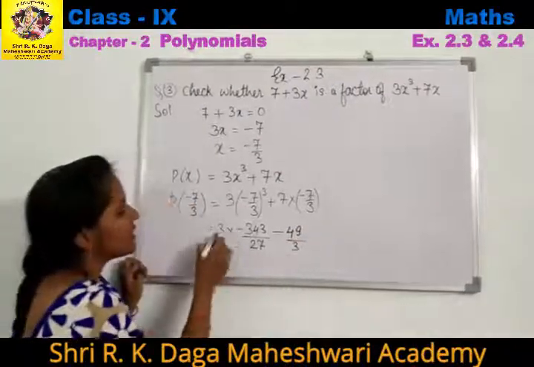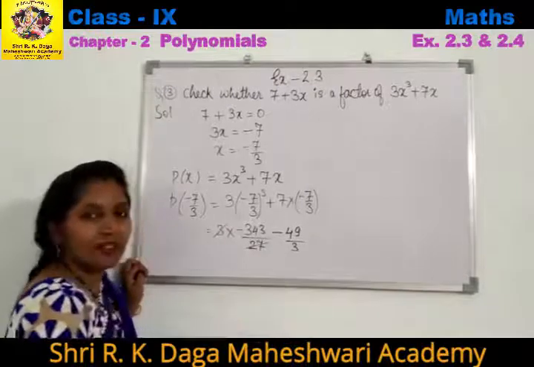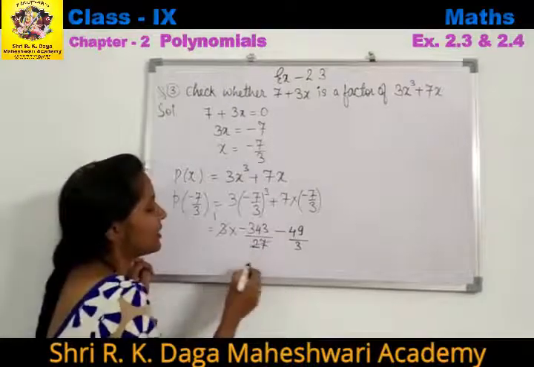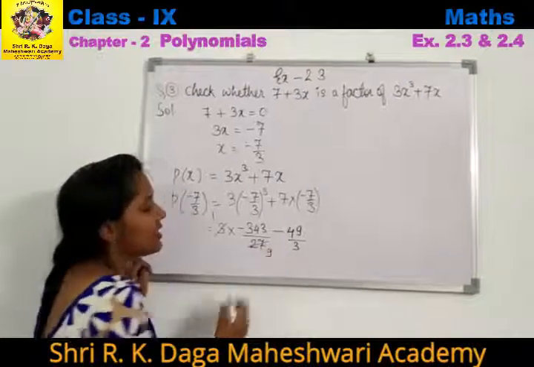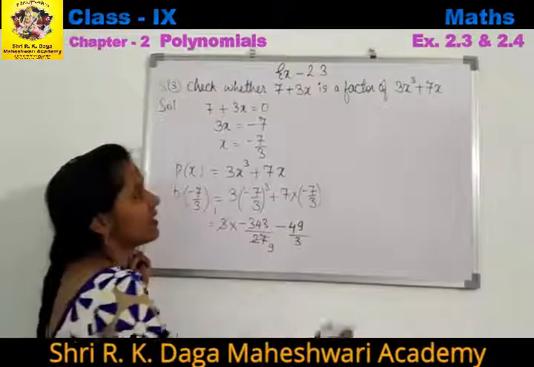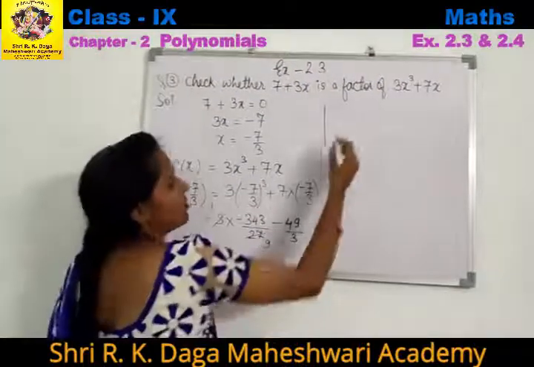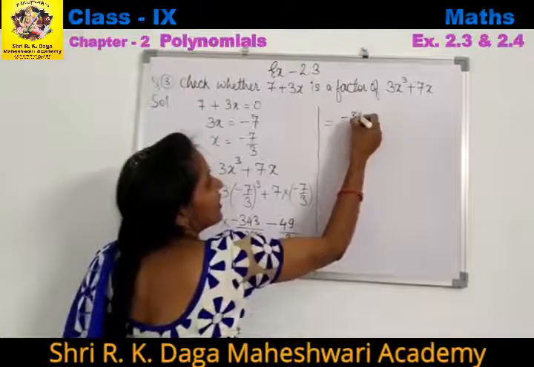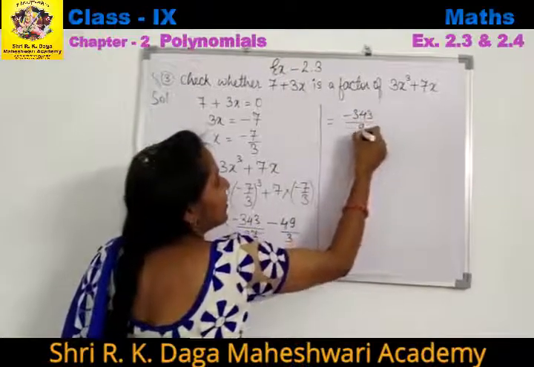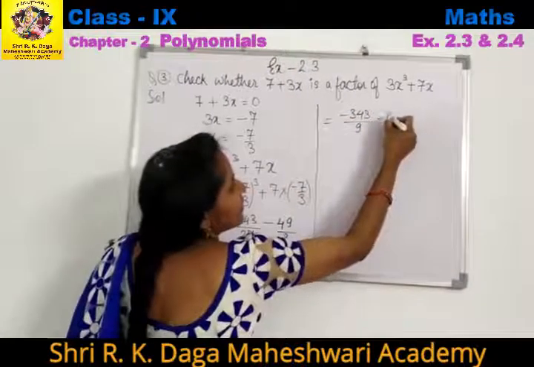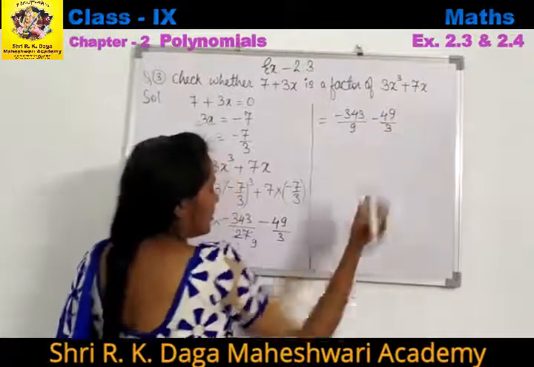Now here you can see 3 and 27, both of these can be cancelled by 3. 3 ones are 3, 3 nines are 27. Now minus 343 upon 9 minus 49 upon 3.